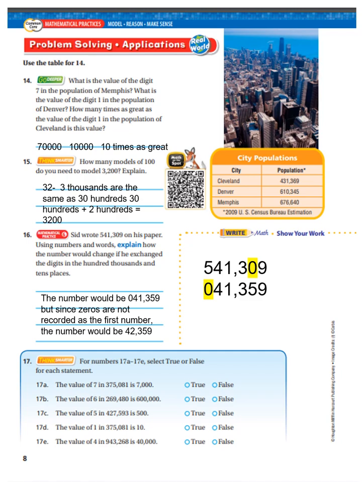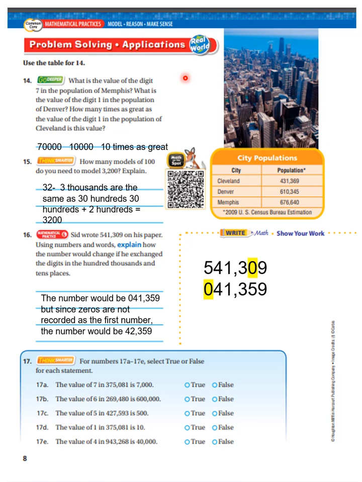All right, so we're going to use this table right here to answer question 14. It says, what is the value of the digit 7 in the population of Memphis? What is the value of the digit 1 in the population of Denver? How many times as great as the value of the 1 in the population of Cleveland is the value? Okay, so this is a tough one.